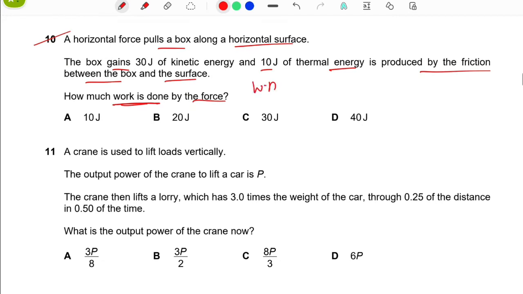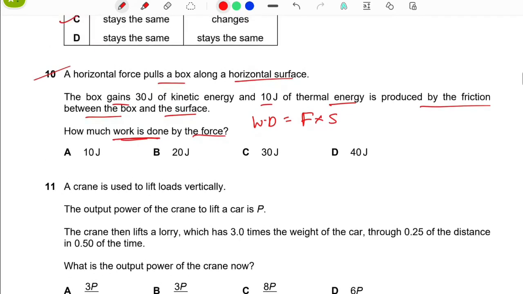So work done is equal to force into displacement, and over here they have given that the box gains 30 joules of kinetic energy and 10 joules of thermal energy is produced by the friction between the box and the surface. Okay, so over here I guess we won't be able to use this formula because they haven't mentioned anything regarding displacement.